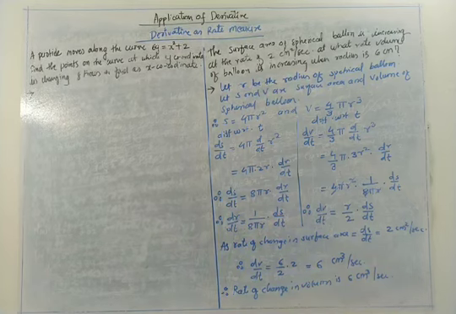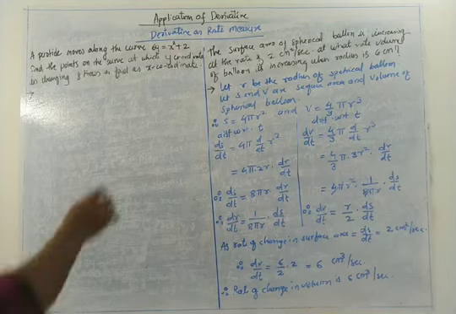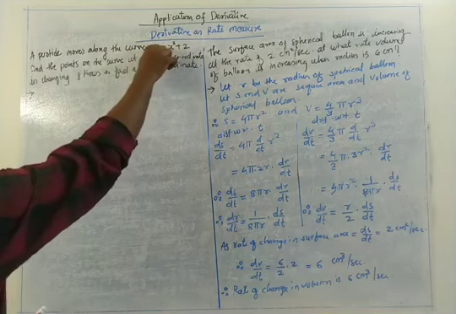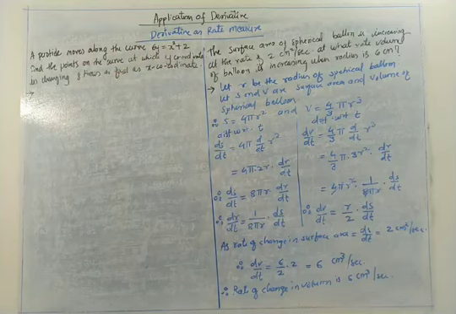See, what is the question? A particle moves along the curve 6y is equal to x square plus 2. Find the points on the curve at which the y coordinate is changing 8 times as fast as the x coordinate. So that is the changing y coordinate and the changing x coordinate.